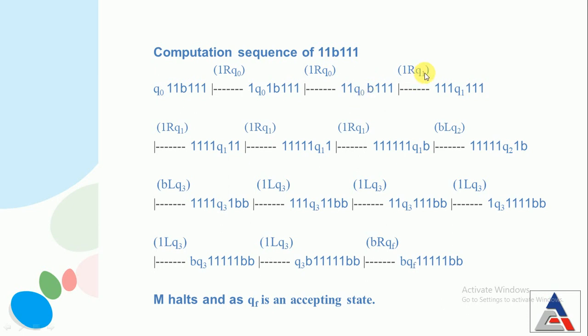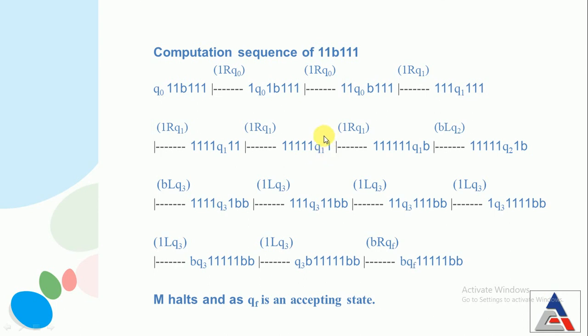Because I have found the separating symbol B and I need to change it into 1, I have to change my state from Q0 to Q1. So here you will get 3 consecutive ones, then the new state Q1, and 3 consecutive ones, right? Now you will do nothing to these ones, so the move is 1R Q1. It remains as such for these ones.